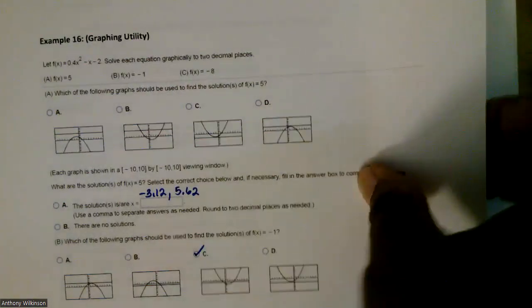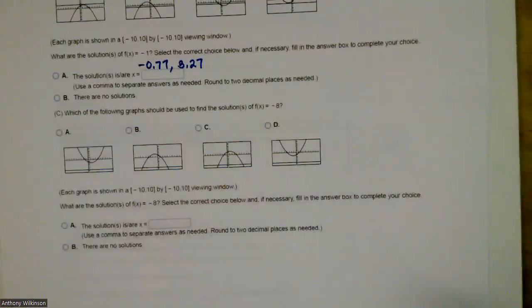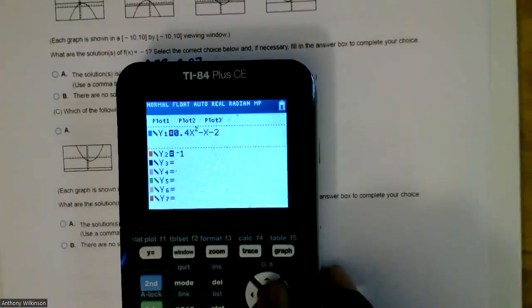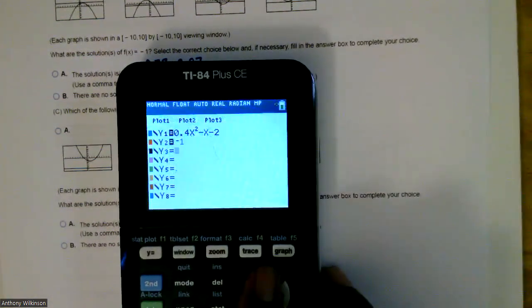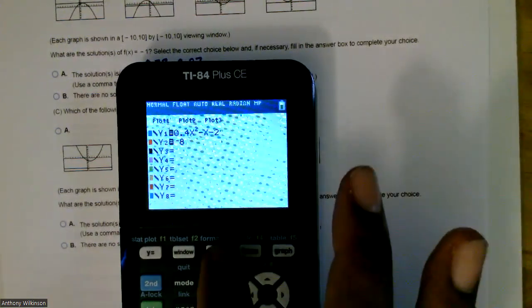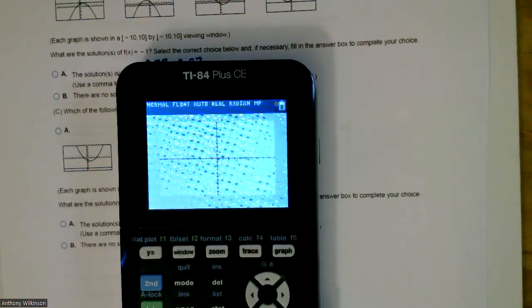And then part C asks for f of x is equal to -8. Okay, that's this part right here. So we keep the same equation in y1, but we're going to go to y2 and change that to -8. Then zoom 6.